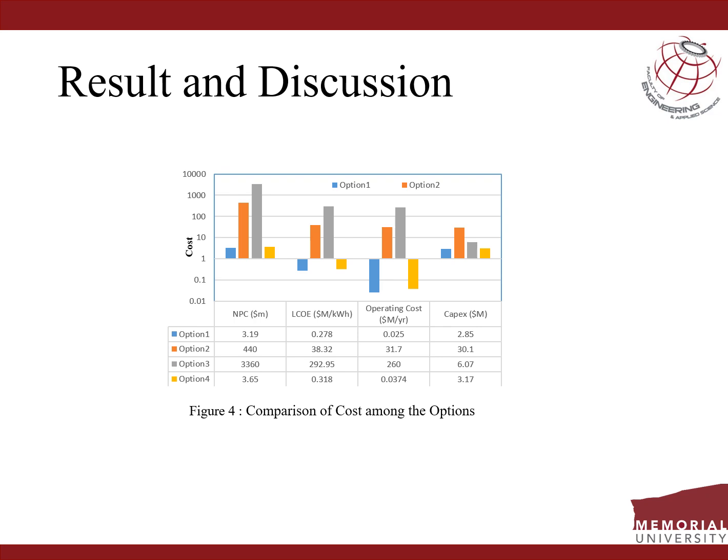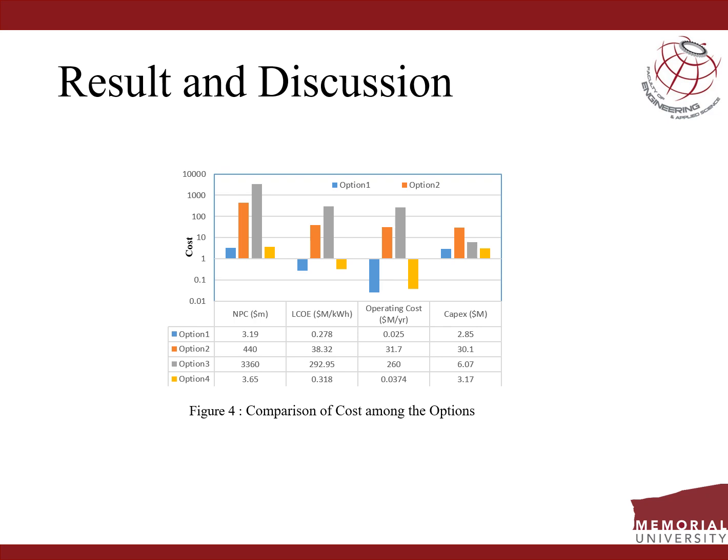Option 3 has an extraordinarily high net present cost and operating cost but a relatively low capex, which might indicate a project with high operational demands and potentially high output for specialized applications.